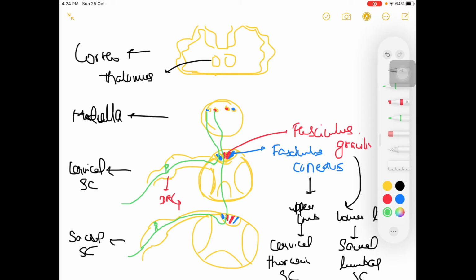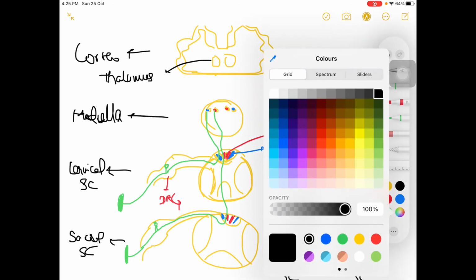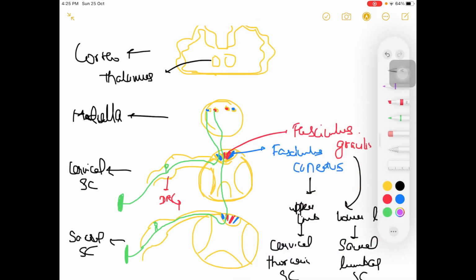So this from the periphery, after taking the sensation from the receptor, I will tell you then what the receptors are. So these receptors till nucleus, fasciculus and gracilis, this is your first order neuron. Yes, you got that right. That is your first order neuron.